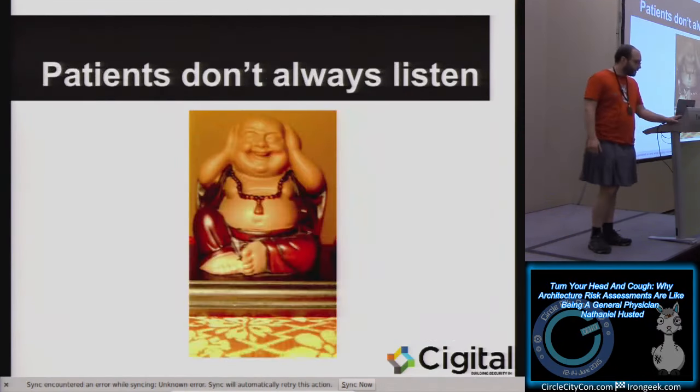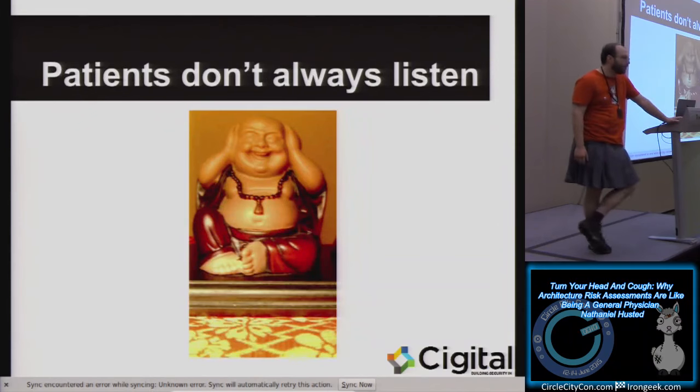But we also have this situation, right, where, as I mentioned earlier, patients don't listen. What I'm talking about here is that we can give the development teams a set of advice on how to mitigate their issues. We can give them a list of what exactly they need to do. You need to put authentication in here.